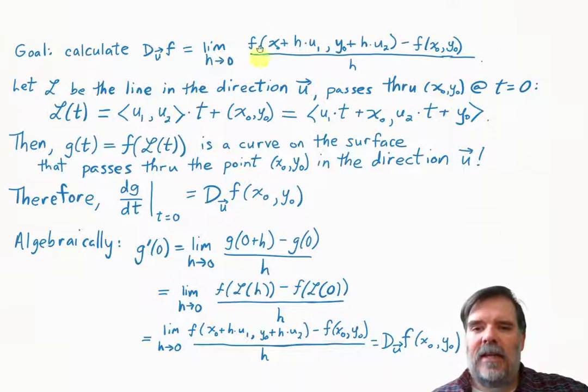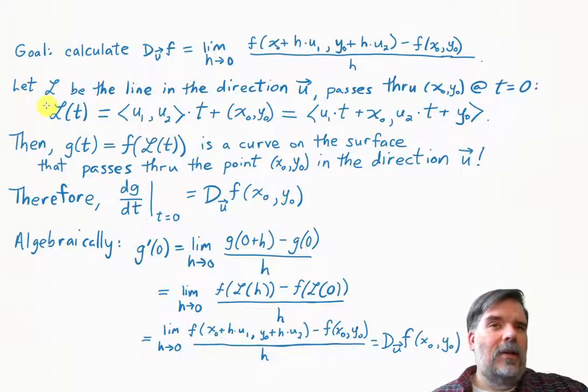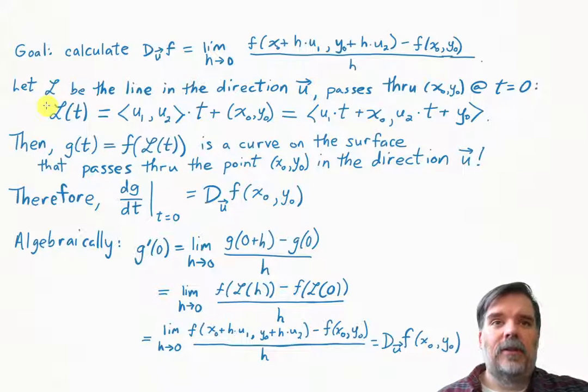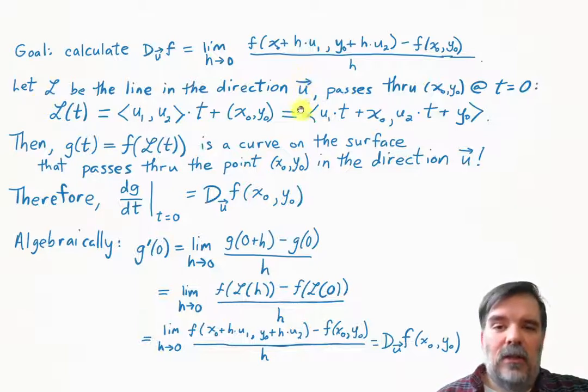So our goal is to calculate this expression, and to do this, we're going to break it up into parts. First, since we're talking about moving in a particular direction along a line, let's write down the equation of a line. Let L be the line in the direction u that passes through the point we're interested in. It passes through x naught, y naught at time t equals 0.